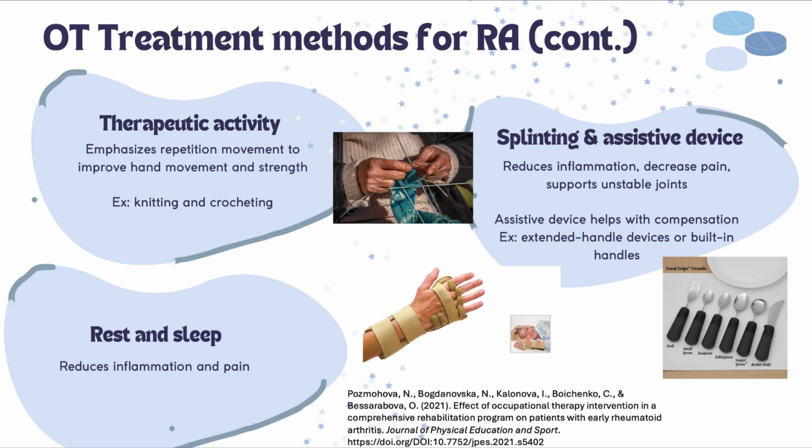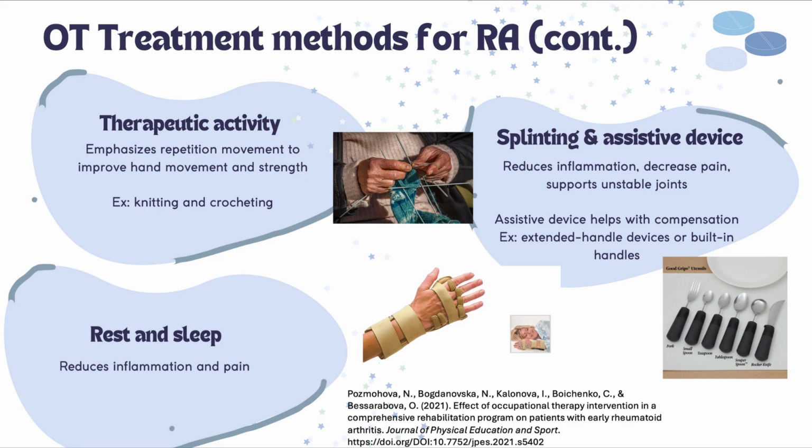Lastly, another study by Pozmahova et al. explored the effects of occupational therapy treatment in a comprehensive rehabilitation program with patients with early rheumatoid arthritis. This study demonstrated the use of a program focusing on positioning treatment, training on how to protect joints, preventing the formation of deformities, using special exercise equipment to restore fine motor skills, strengthening fine coordination of the wrists, and performing a set of exercises to maintain joint mobility.